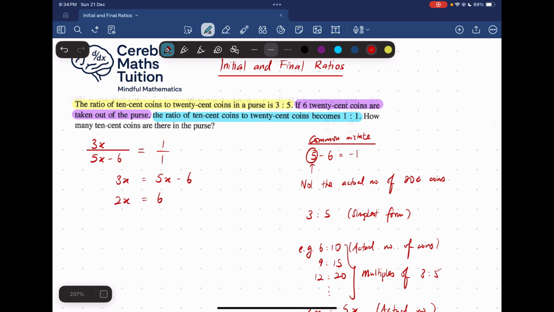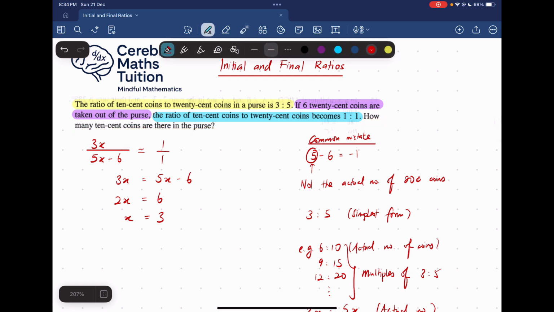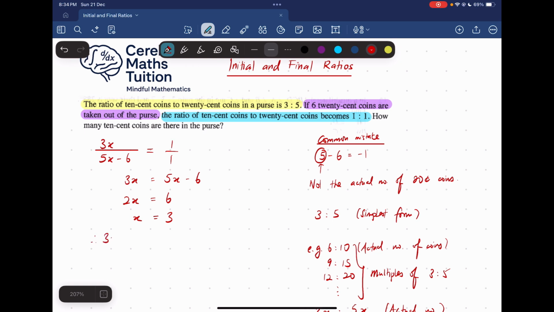We can easily solve this equation for x, and we'll see how finding the value of x helps us answer the question. How many 10-cent coins are there in the purse? We know the number of 10-cent coins is represented by 3x. Hence, 3x is 3 times 3, which is 9. There are 9 10-cent coins in the purse.